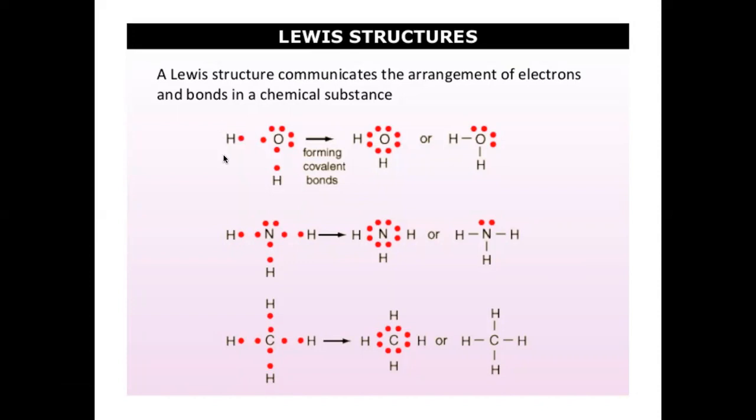The Lewis symbol for hydrogen is this H symbol that we get from the periodic table, and it has 1 valence shell electron, which is denoted here by this red dot. And we have 2 of these hydrogen atoms.